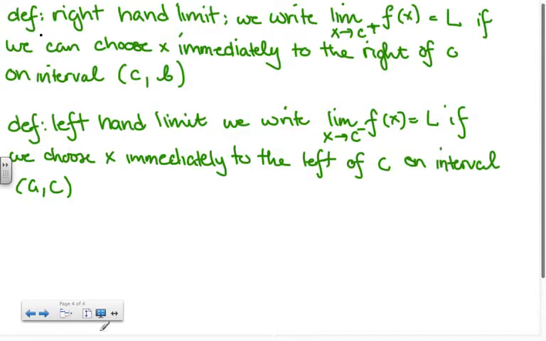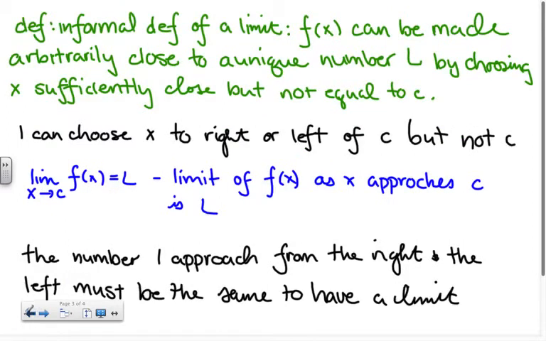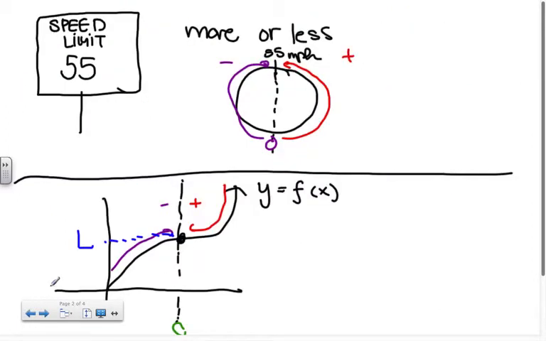Going back again to my picture, not this one, back one further. Going back to this picture right here, what does this mean in this context of this picture? What I'm saying here, if this is L, on this side I have the limit as x approaches C from the left of f of x, and on this side I have the limit as x approaches C from the right of f of x.